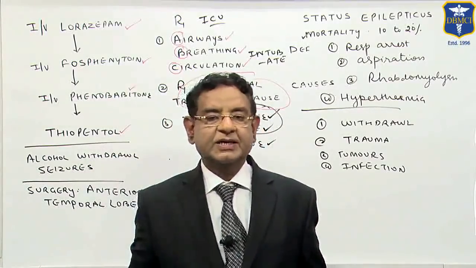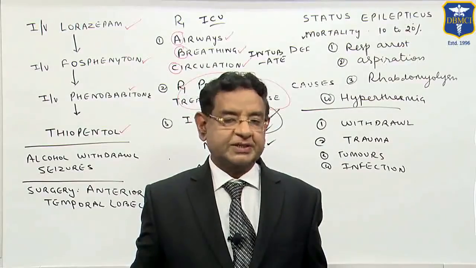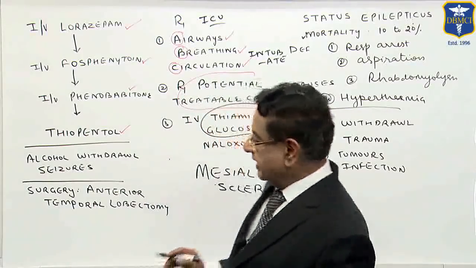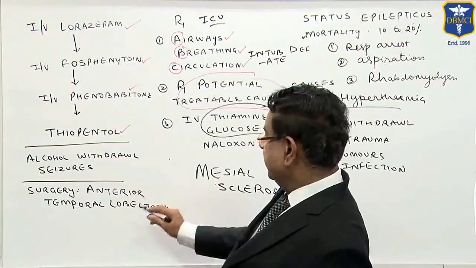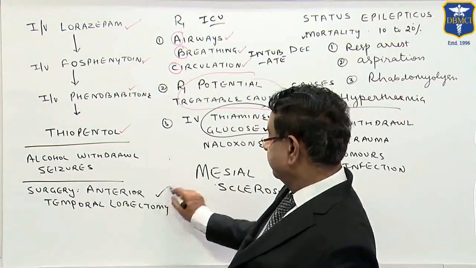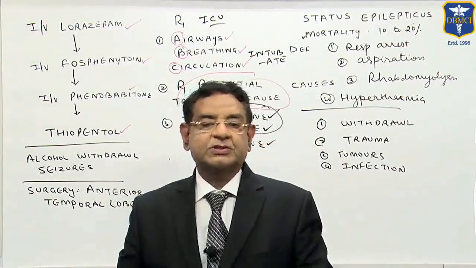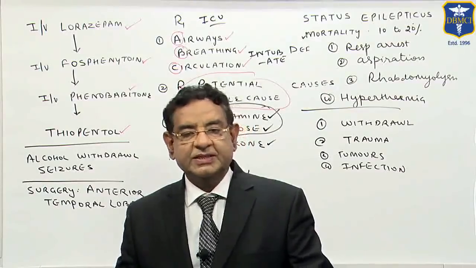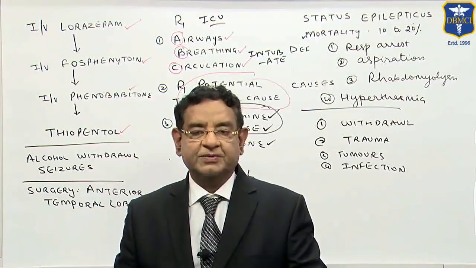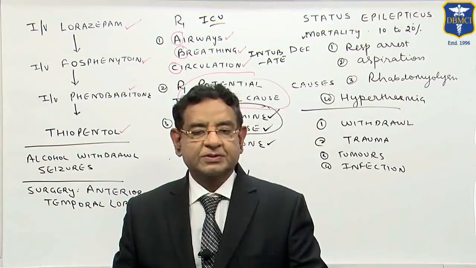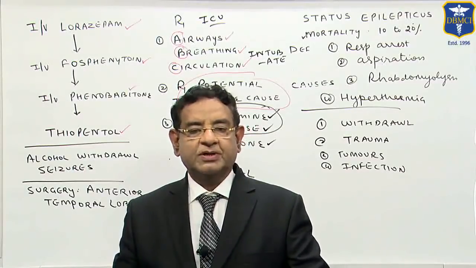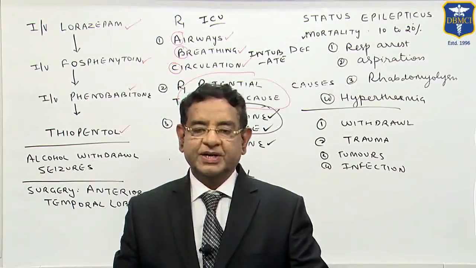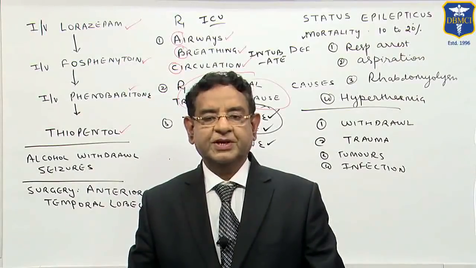They are resistant to drug therapy and they should be managed by anterior temporal lobectomy. So surgical management is done in this particular condition. So this is all about seizure disorder. Thank you very much.